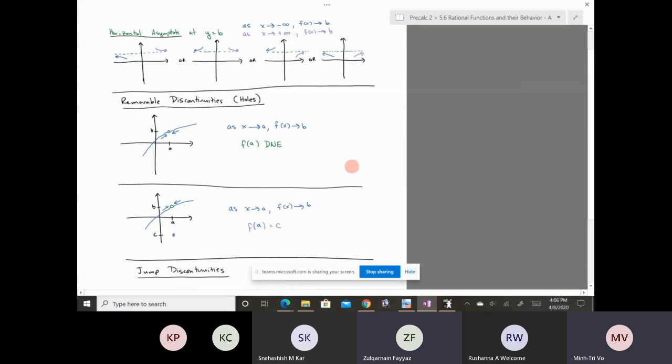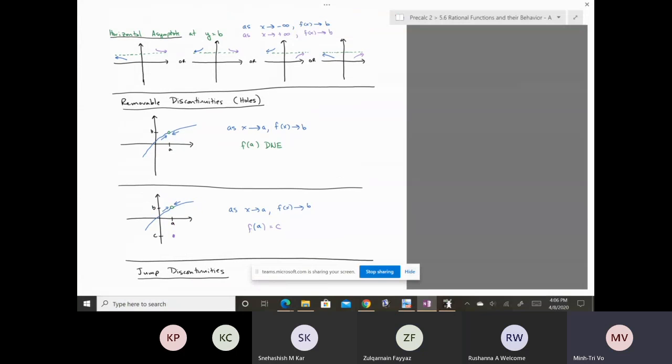If I give you a function, say I give you 2 different functions. One function is x plus 1, and another function is x plus 1 times x minus 2 over x minus 2.